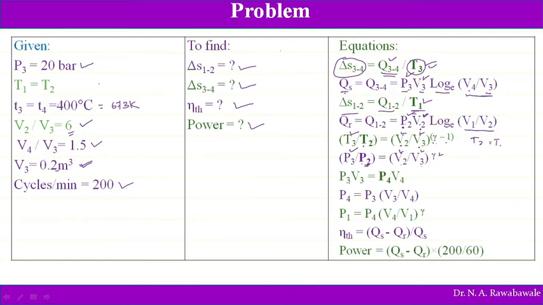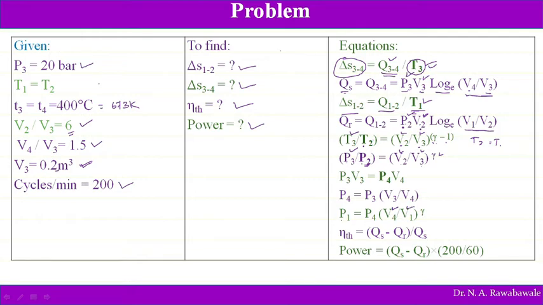So that we will see. To find out P1, P4 is required. P1 is equal to P4 into (V4 divided by V1) to the power of gamma. We don't know V4, and V1 is not known.